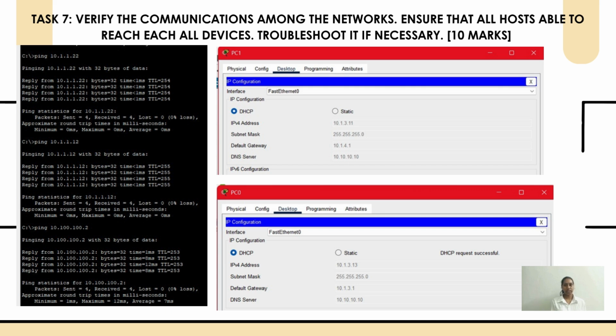Troubleshooting connectivity issues would involve checking physical connections, IP settings, firewall rules, and routing configuration. Ultimately, verifying with ping and IP configuration analysis confirms our network setup and aids in identifying and resolving any communication problems. That's all from me. Thank you.